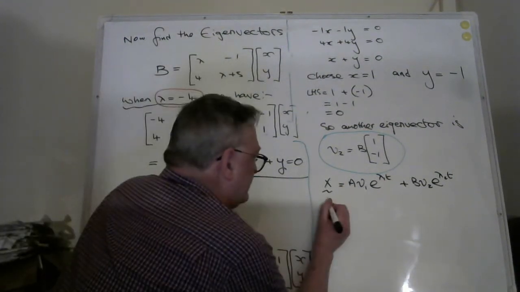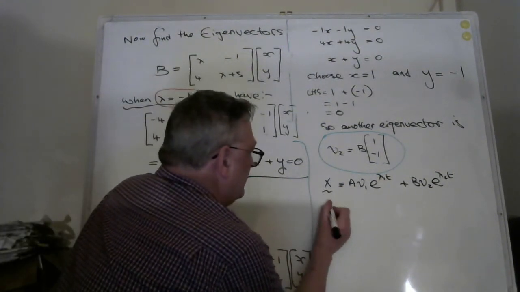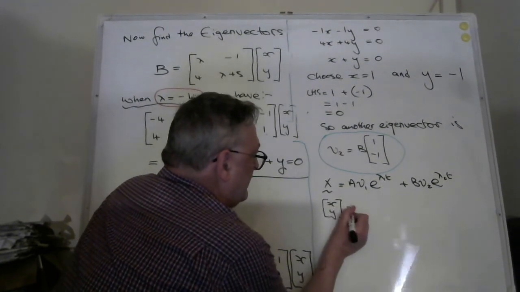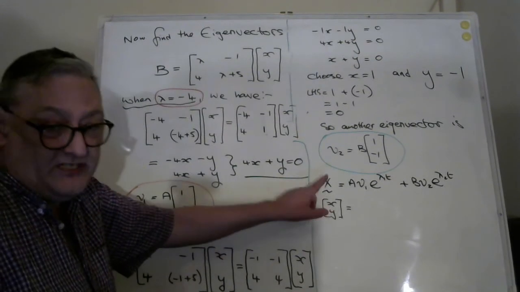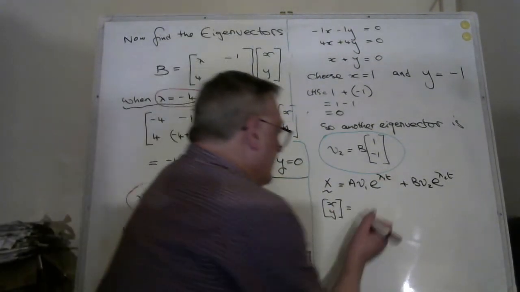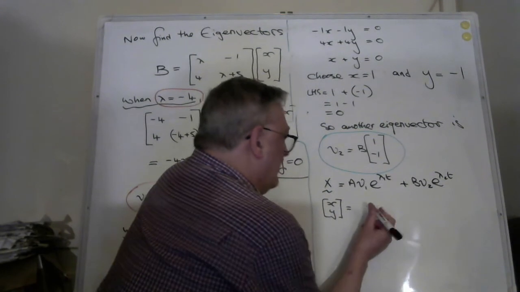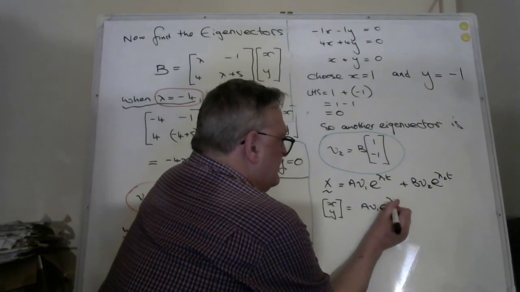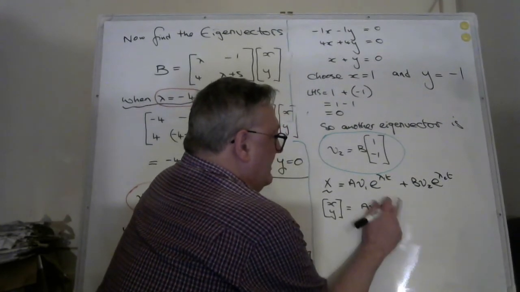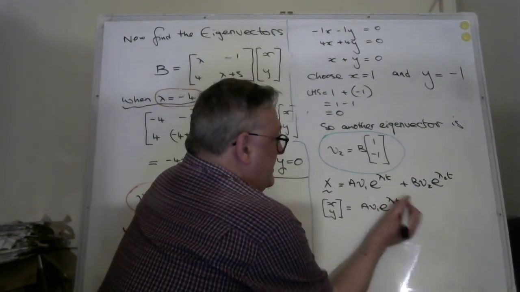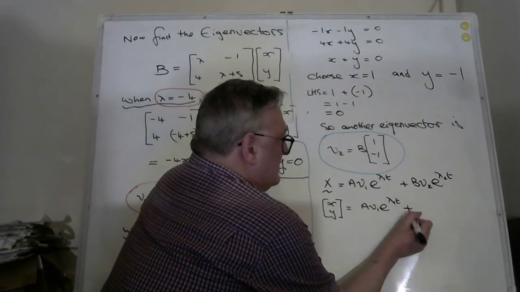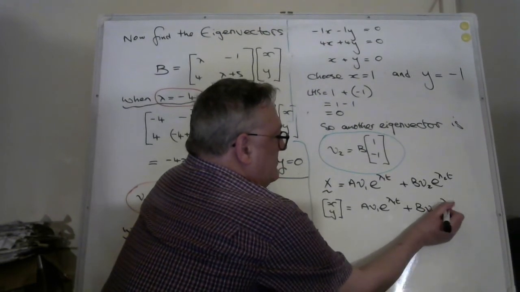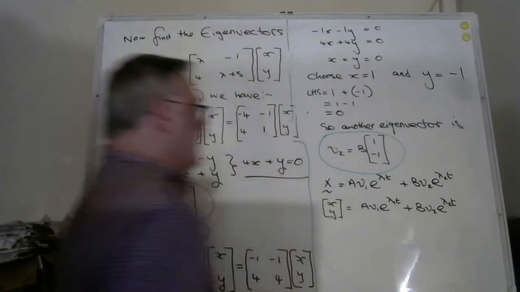So in other words, what we've got is x and y in our column vector, not x dot y dot this time, just x and y, is equal to a v1 e to the lambda 1 t plus b v2 e to the lambda 2 t.